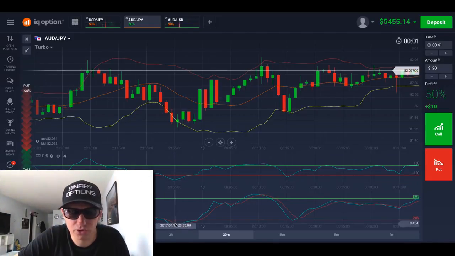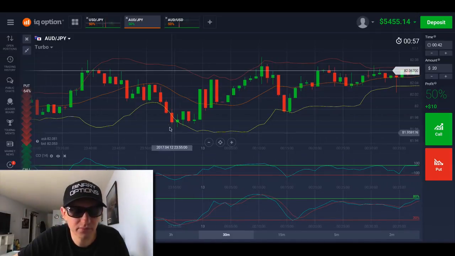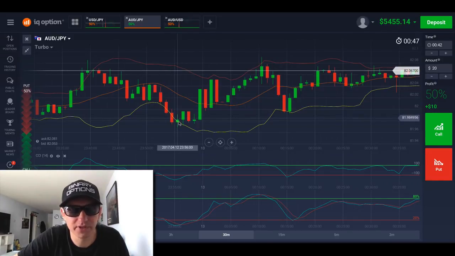The stochastic shows us the 20% level breach, and we have 1 2 3 4 candles showing us the downwards movement. And the same thing I would do for the call stake.